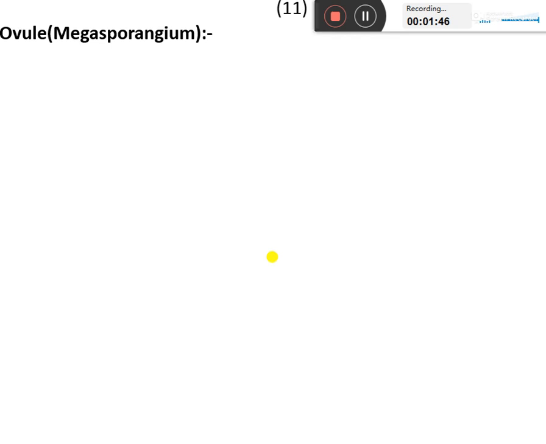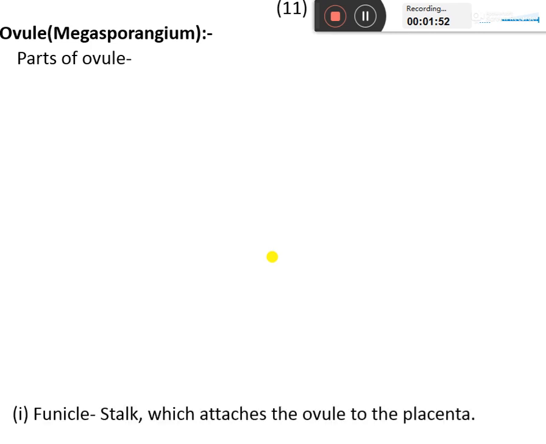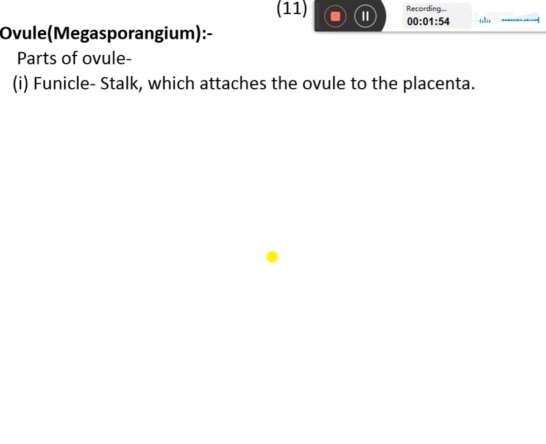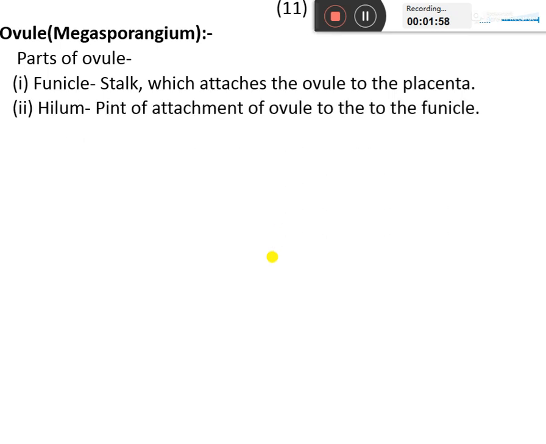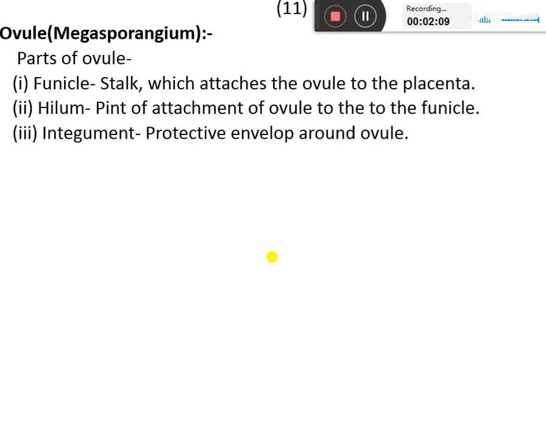If we look at the megasporangium, the ovule, there are various parts of the ovule. One is the funicle or stalk, by which it is attached to the placenta. Hilum is the point of attachment of the ovule to the funicle.